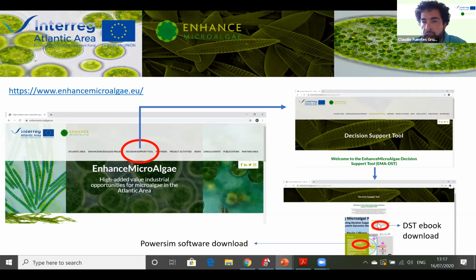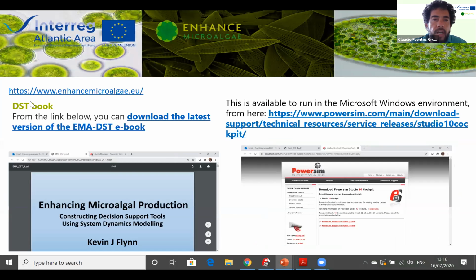The idea is to do it step by step. First, download the ebook and try to read it, and then you can download the free software version. This is free for 6 months, so it's enough time to play and to test your own strain. As soon as you click on the software download, you will see this web page.